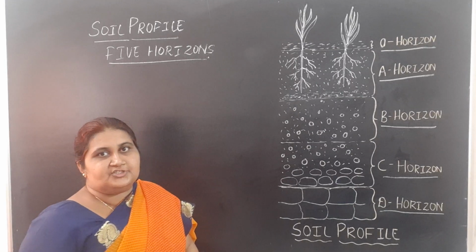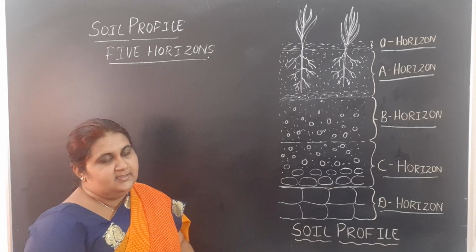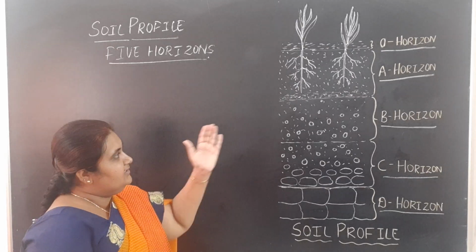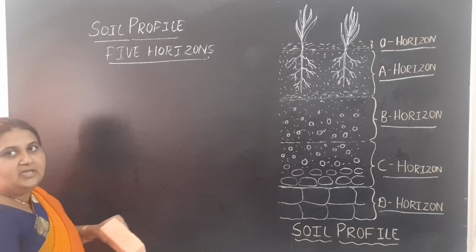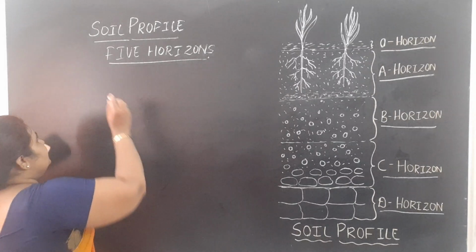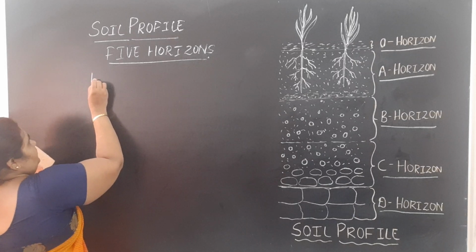So in the cross section we can find the soil arranged in different horizons, 5 horizons. Now we will study about these horizons.